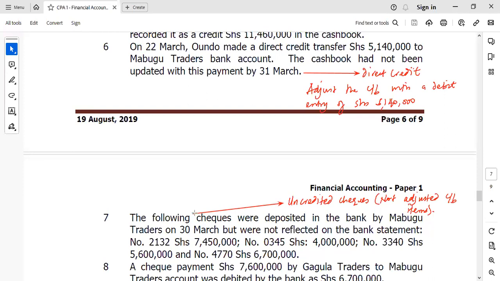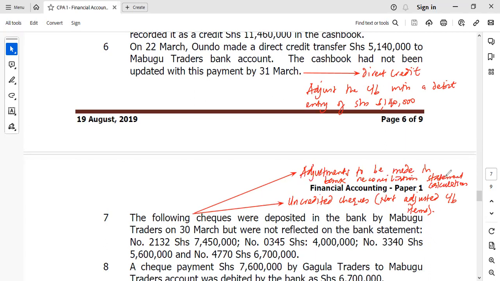These are bank reconciliation statement items, adjustments to be made in the bank reconciliation statement calculation.